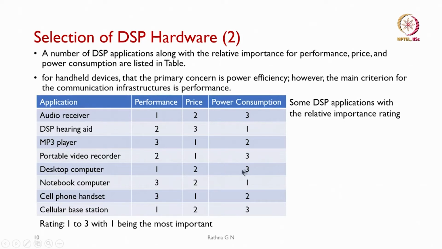Similarly for the notebook or cell phone handset. The last one is the cellular base station, which is power hungry for your computation. The performance rating is 1, the price is 2, and the power consumption is 3.